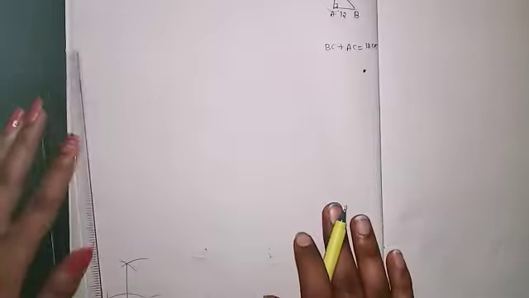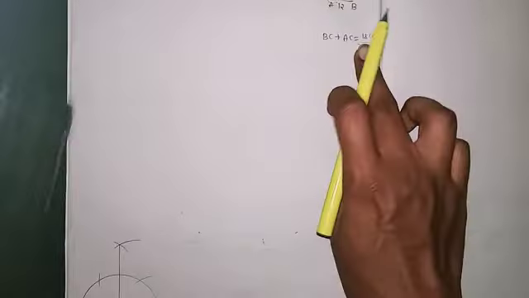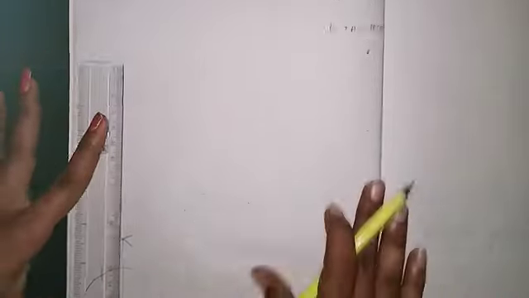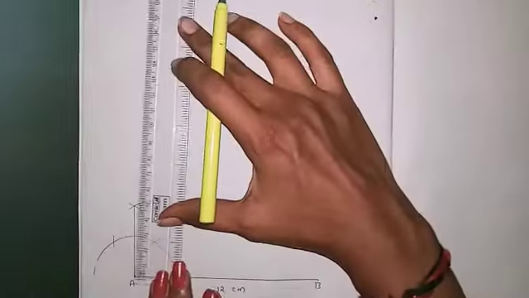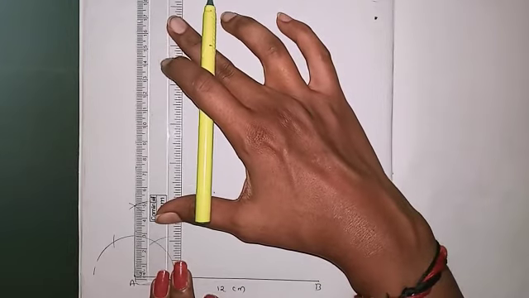So now the question is how to create this 18 centimeter. That means this is A and B, and C must be on this line. So to get that, the sum of these two sides is 18. So just measure 18. I will do it from here. If you are doing it like this, it will be a little difficult. 0 to 18.